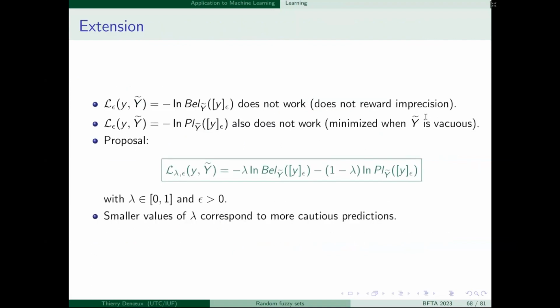So if this is y, you give your prediction of y in the form of a probability density function. And now y is here: you observe the true y. How do you measure the error?